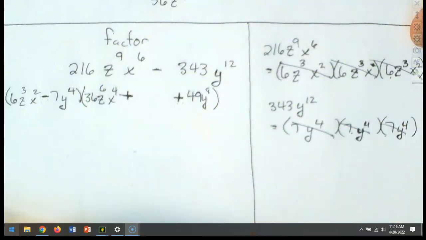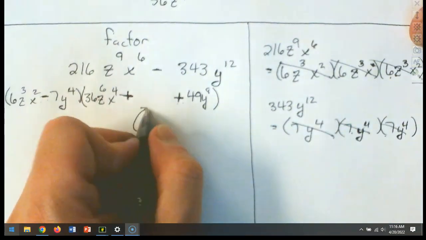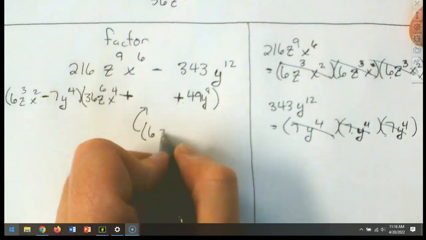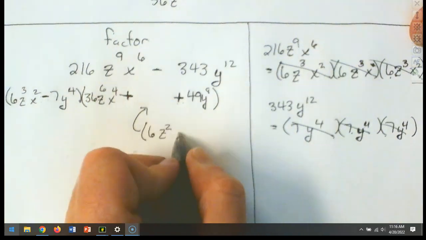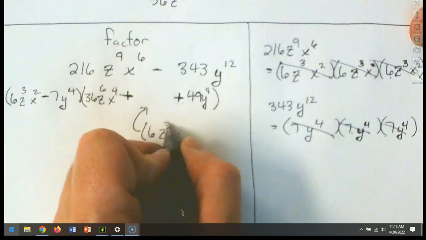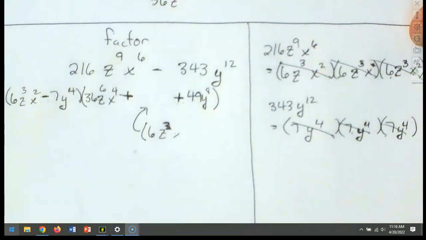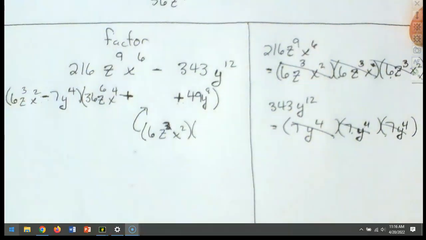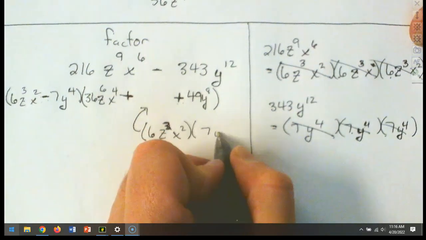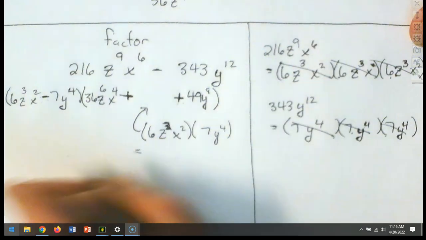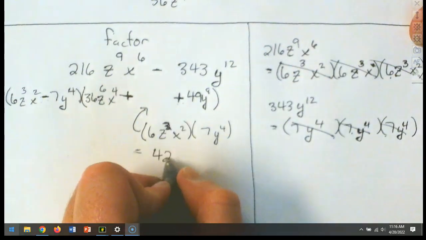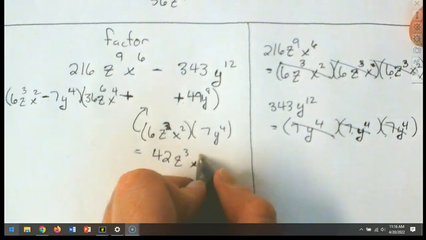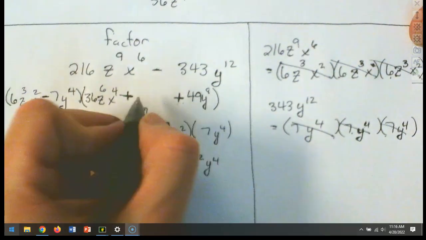Gone, gone. What goes in the middle is these two multiplied together. So 6z cubed x squared times 7 y to the 4th. Well, 6 times 7, that's a 42 z cubed x squared y to the 4th.